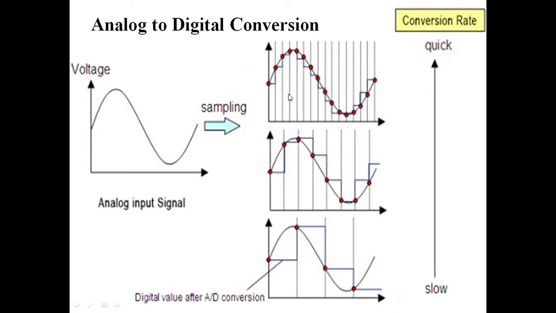Next, it will be quantized, which means taking the nearest value to one level. Then that is converted into digital. So discrete values are converted into digital. Like that, the analog signal is converted into a digital signal by using sampling and quantization circuits.